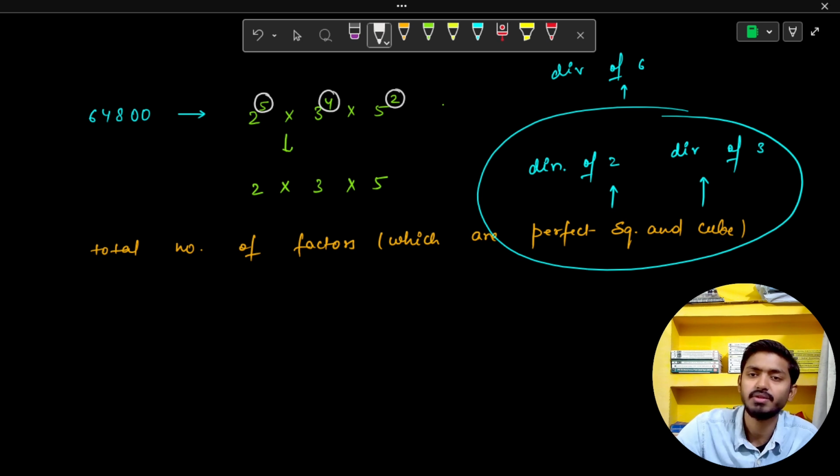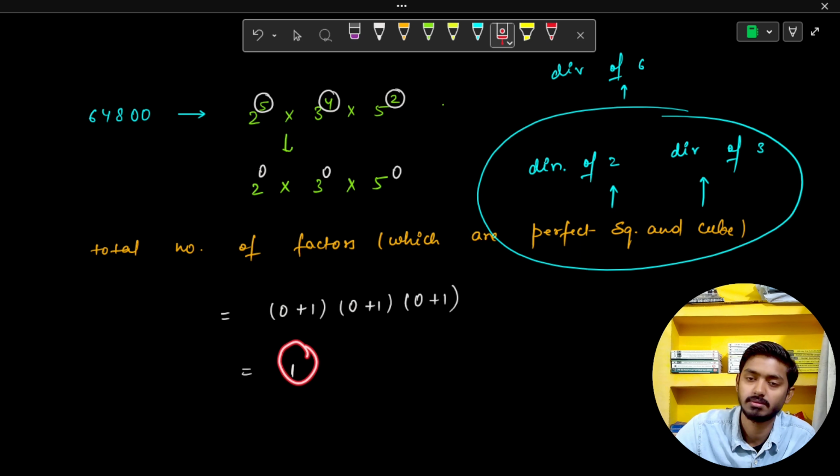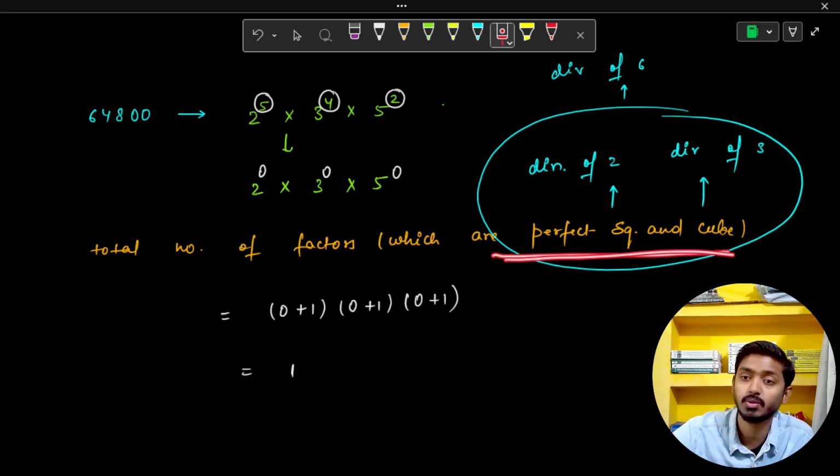As you can very clearly see, we are going to get 0 point something for all the cases, and anyway we are supposed to take integers, we'll just write 0, 0 and 0. So the total number of factors would be: multiply all the exponents after adding 1 to them. You are going to get 1. So only one factor of the entire 90 factors of 64800 is a perfect square as well as a perfect cube. Simple.